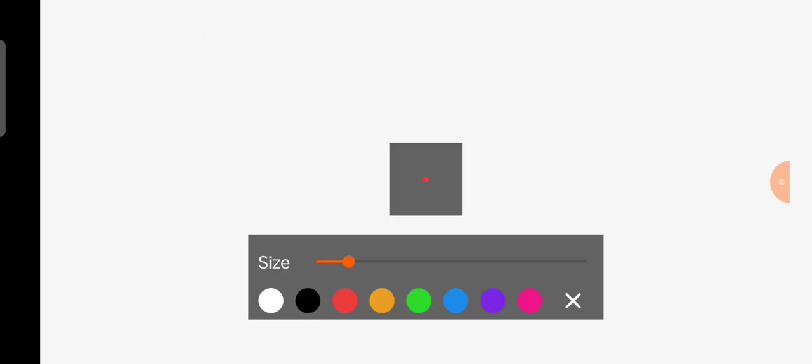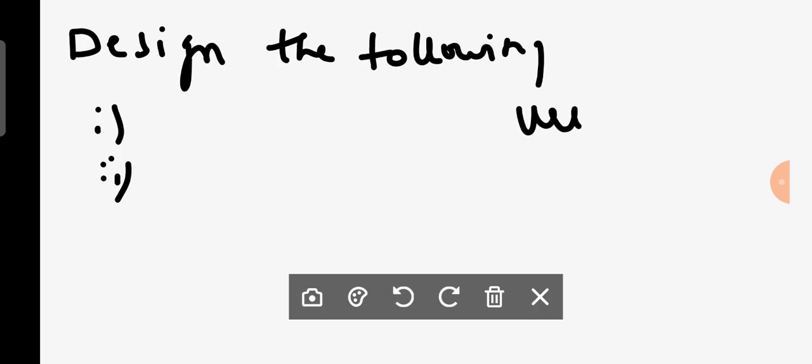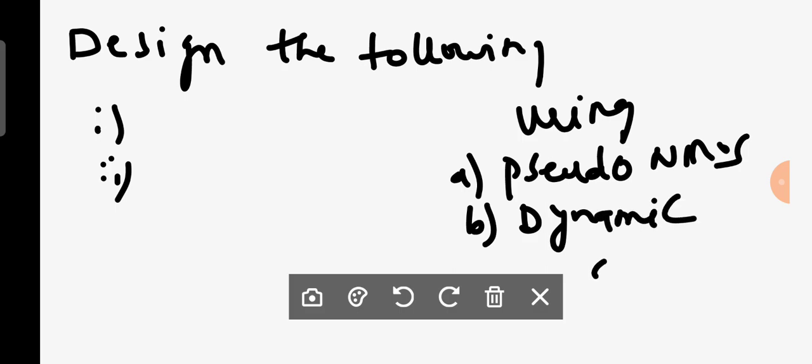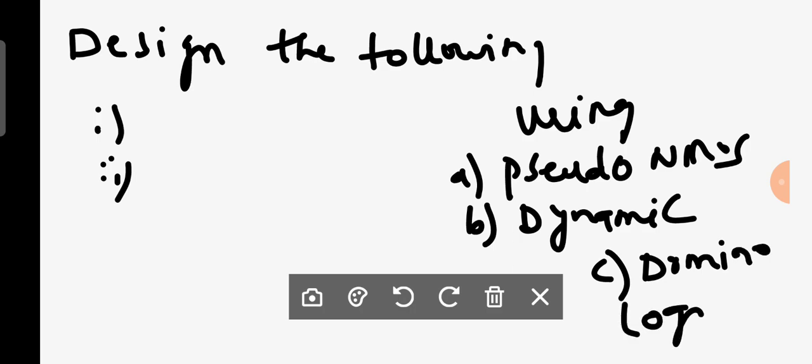Now a task for you guys, please try to execute it. The question is the following: design the following, that means 1, 2, using A pseudo NMOS, B dynamic CMOS, C domino CMOS logics.